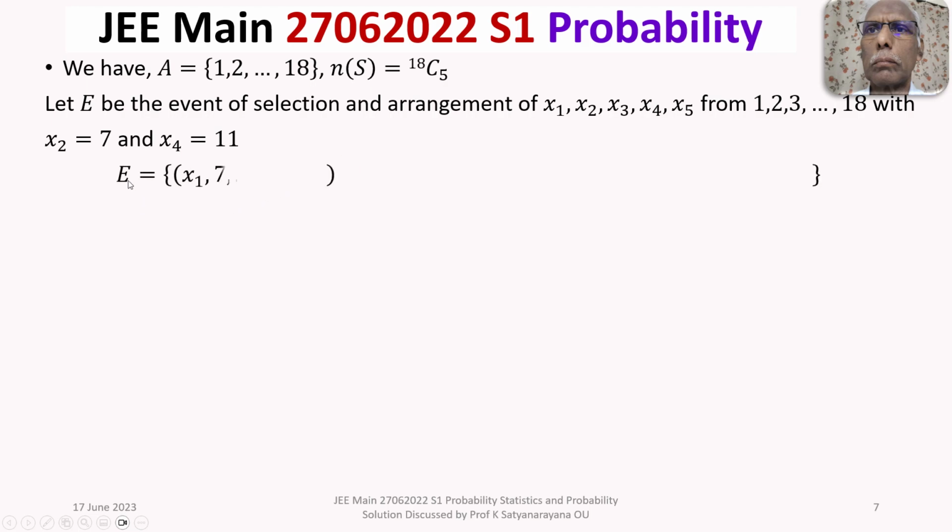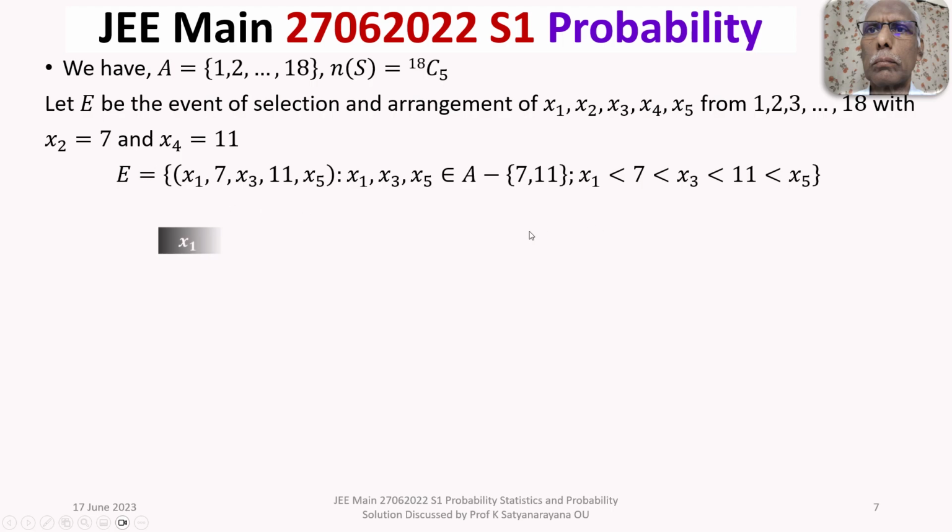So let us write the event E. E is the set of all 5-tuples where x2 is 7 and x4 is 11, where x1, x3, x5 belong to the set A other than 7 and 11, because we have already taken 7 and 11, and it is arranged as x1 < 7 < x3 < 11 < x5. So what is n(E)? That's what the question is.